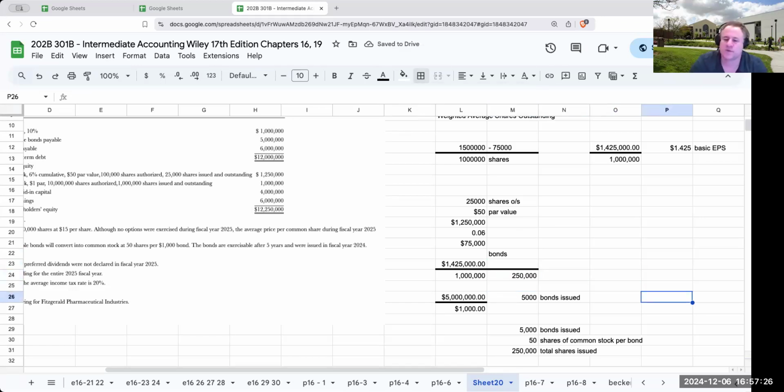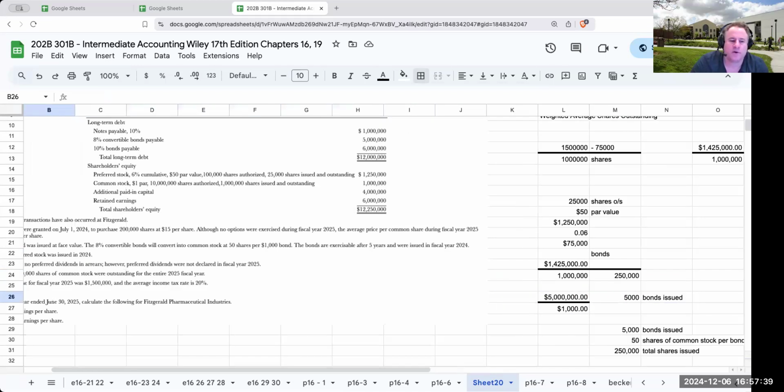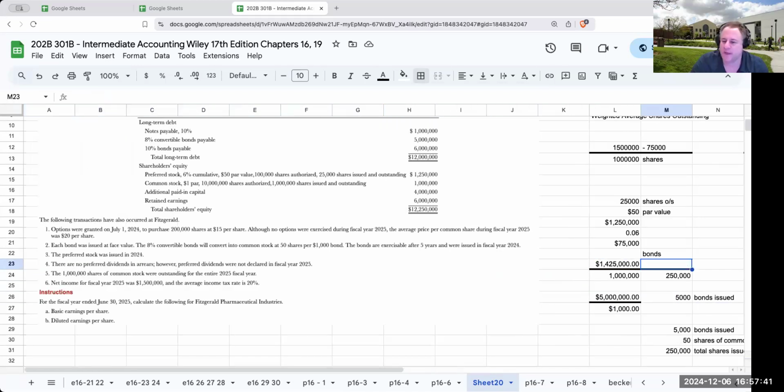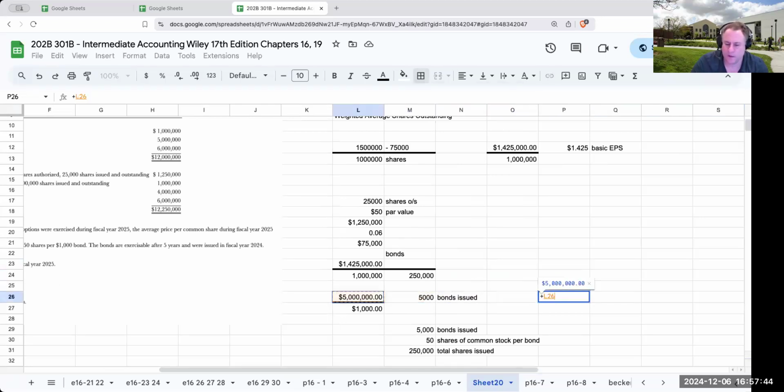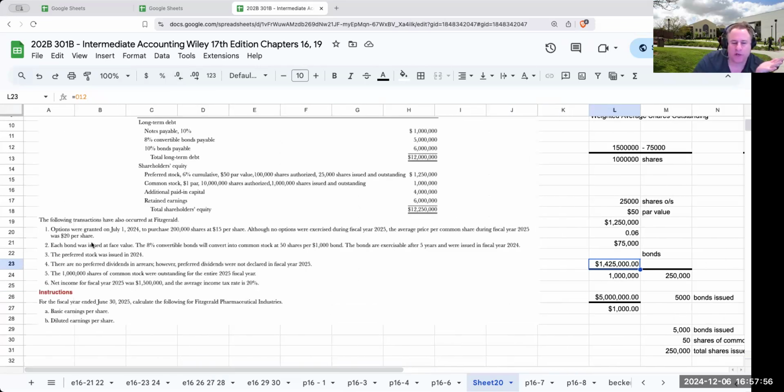Now the question becomes, if these bonds in fact converted, how much interest would I have saved? So let's figure this out. On the 8% convertible bonds payable, the amount of interest I would have been paying pre-tax, and this is what's really important, remember, all of these numbers here are after tax. So when we come over here, we see that there was a tax rate of 20%.